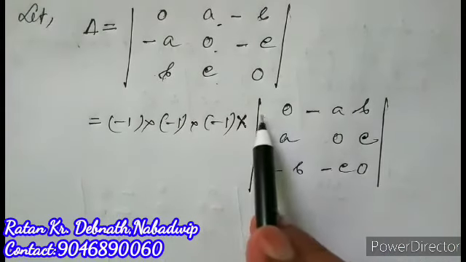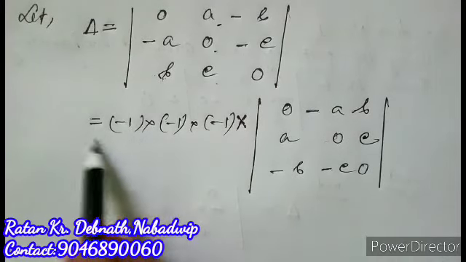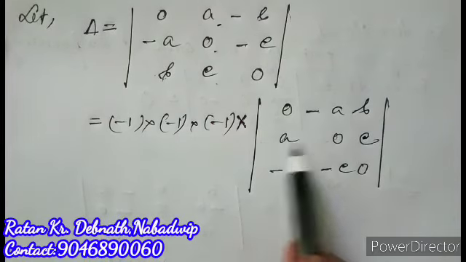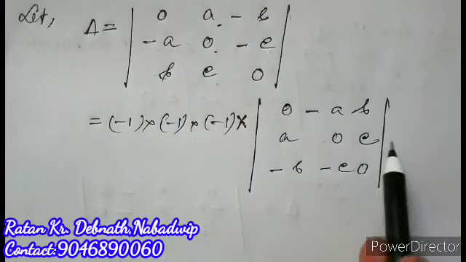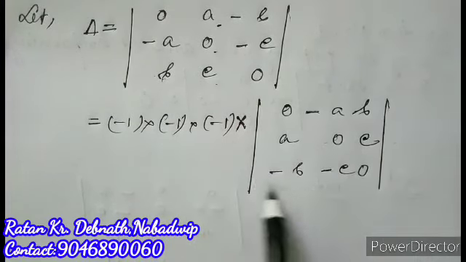I multiply the first row by a minus sign, so I put minus 1 on the left side in order to balance it. For the second row another negative sign, so another minus 1. For the third row another negative sign, so another minus 1.